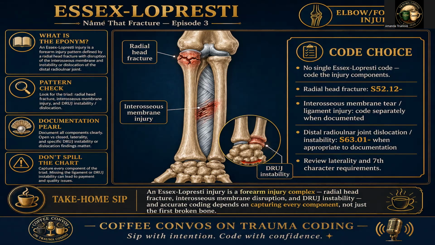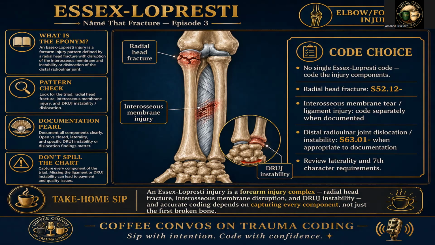Our take home sip here is that an Essex-Lopresti injury is not just a radial head fracture. It is a longitudinal forearm instability pattern.